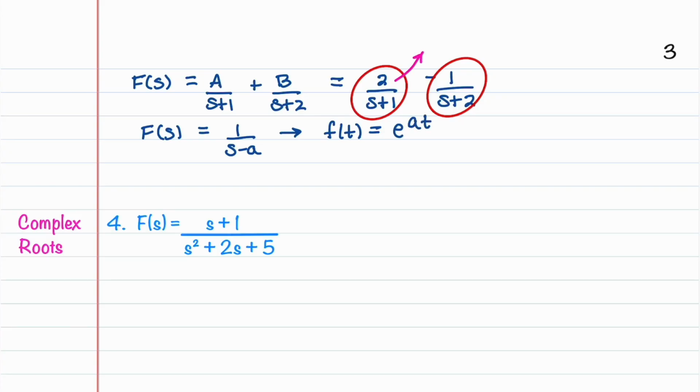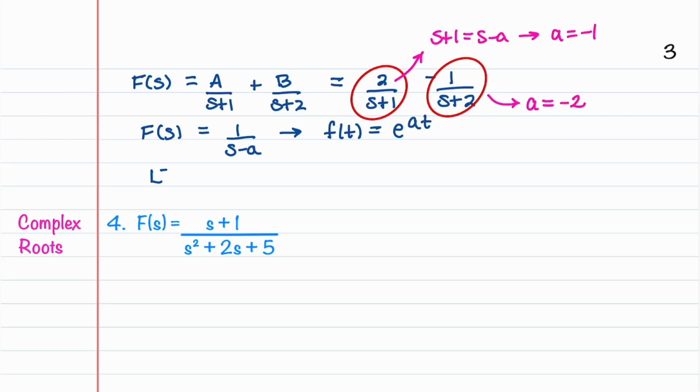In this problem, we have s plus 1 is equal to s minus a, so a is equal to minus 1, and then similarly in the second part, we have a is equal to minus 2. Now we can write down our solution.